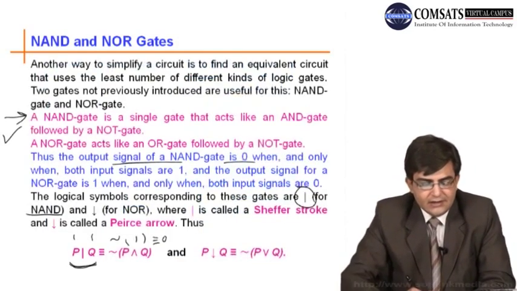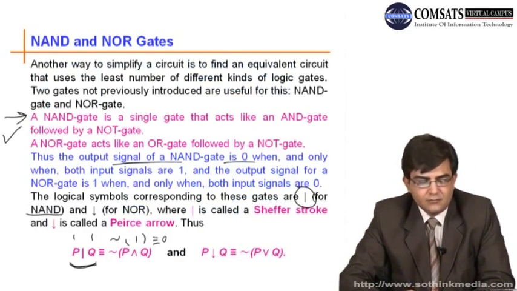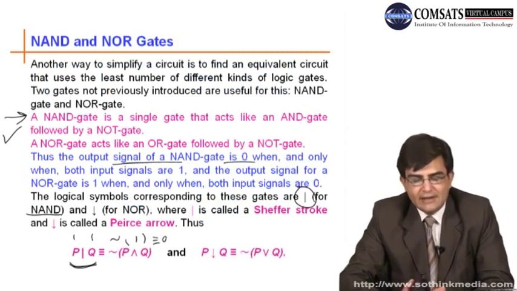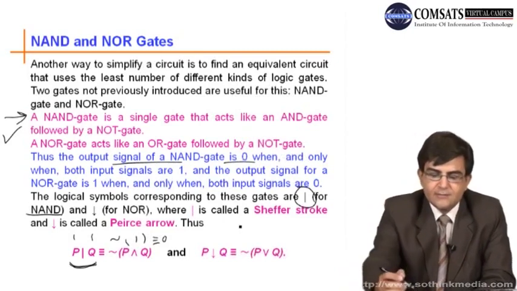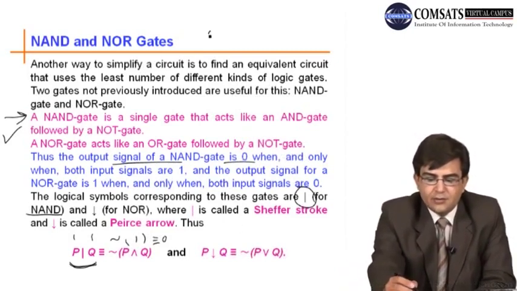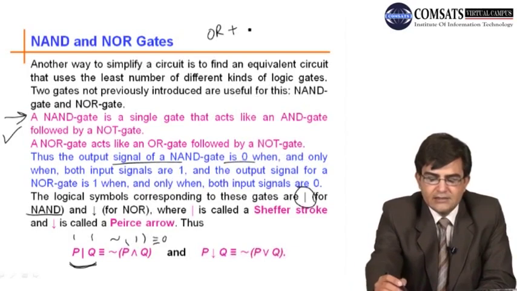And next, what is the NOR gate? A NOR gate acts like an OR gate followed by a NOT gate. That is, if we add up OR plus NOT gate, that is NOT plus OR, this will give us the NOR gate.